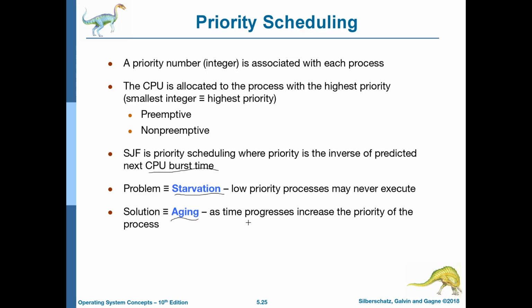For example, the exponential average formula can have a modified version where the length the job has been waiting is subtracted from the exponential average, causing its priority to increase. Thus, if it waits for too long, it will eventually have a higher priority than the short jobs and be able to execute.